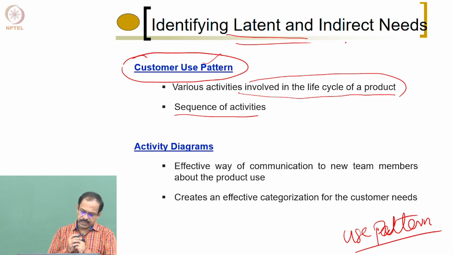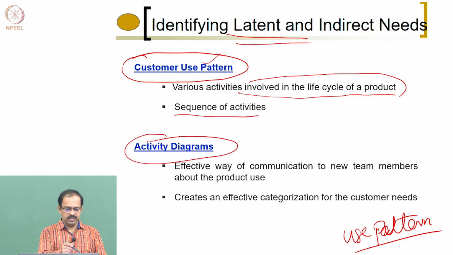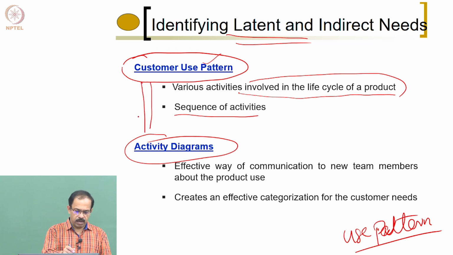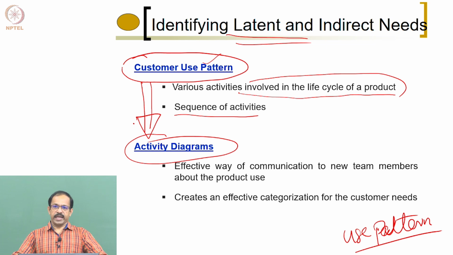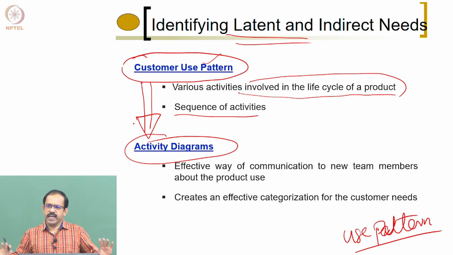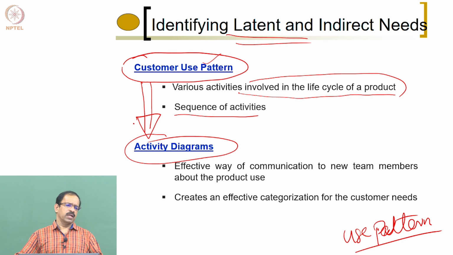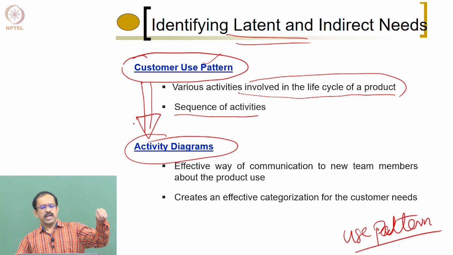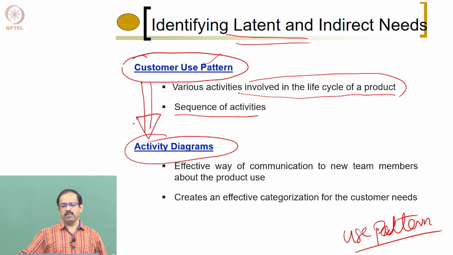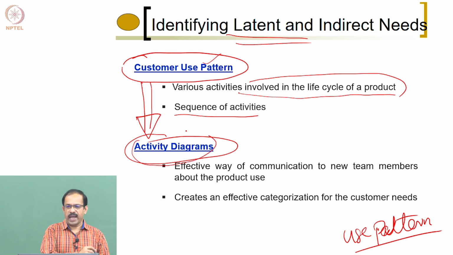One of the methods to get this information is known as the activity diagram. That is, the use pattern can be identified by using an activity diagram of the product. The activity diagram basically tells what activities are involved in the whole life cycle of this product, when the customer is getting associated with the product, what the various things happening are, and a diagram of all these activities is the activity diagram.